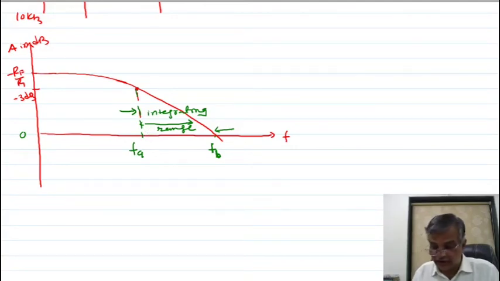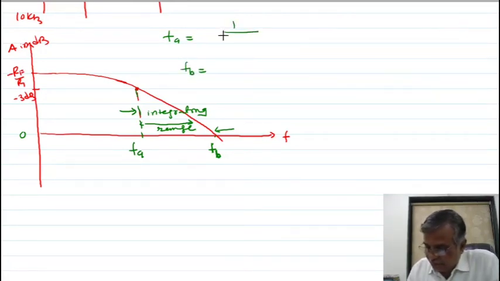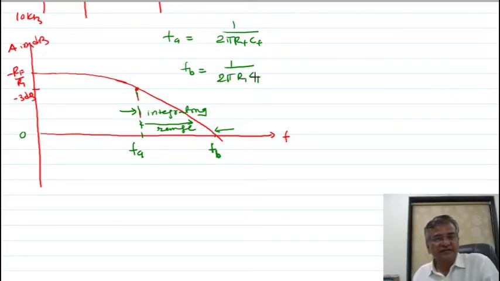Now, what is the value of FA? Let me write FA and FB. FA is nothing but 1 upon 2 pi RF into CF, and FB is nothing but 1 upon 2 pi R1 into CF. This is your theoretical calculation. This is the practical one.